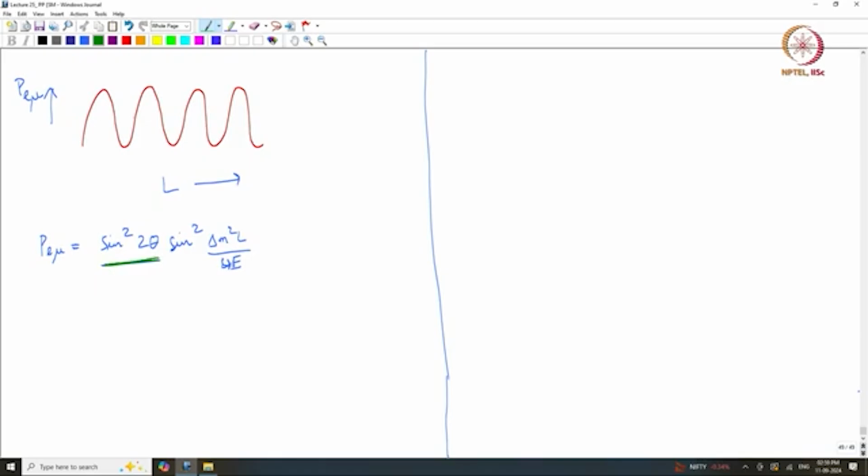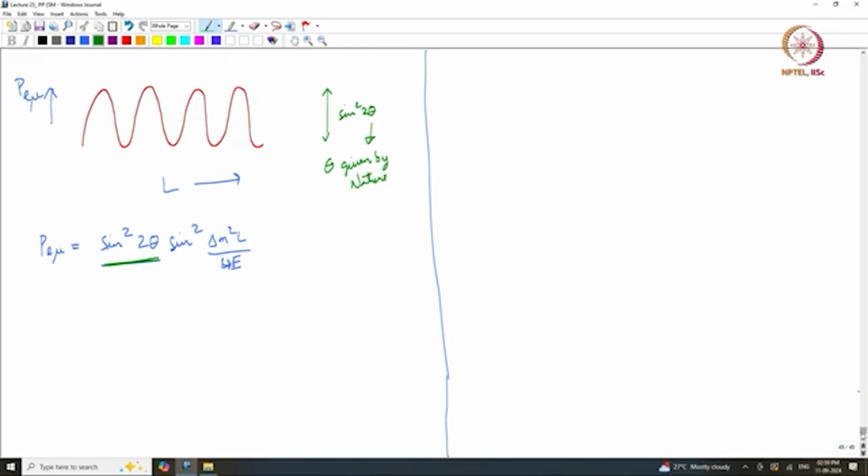That is what you have, a sinusoidal in L over E. Okay, so let me indicate that with this. So the amplitude is sine square 2 theta. Okay, that's one thing to note, that your probability is never going to exceed sine square 2 theta, where theta is given by nature, because this is not in your hands, right?